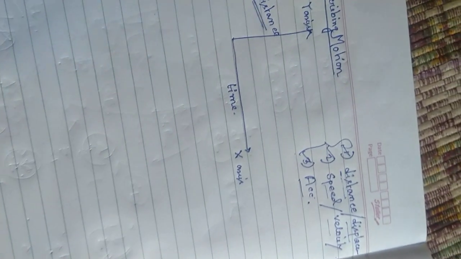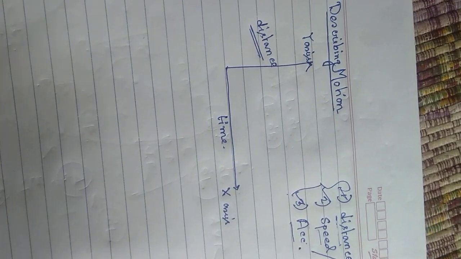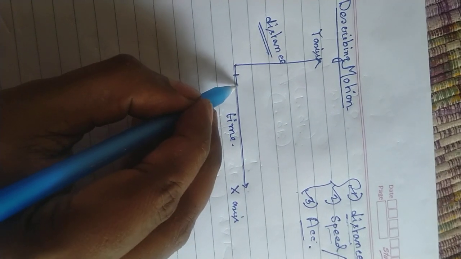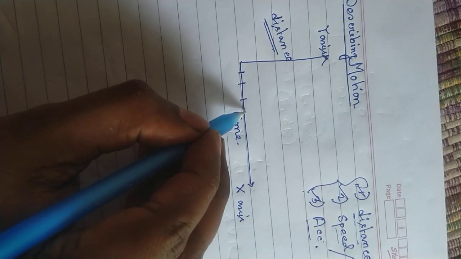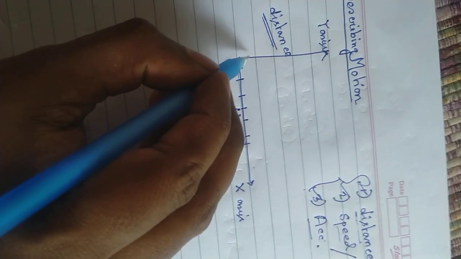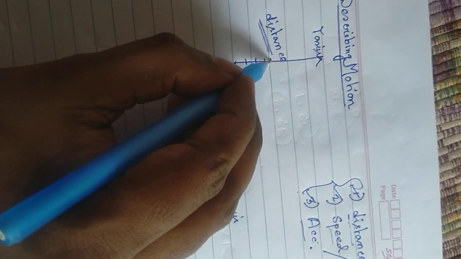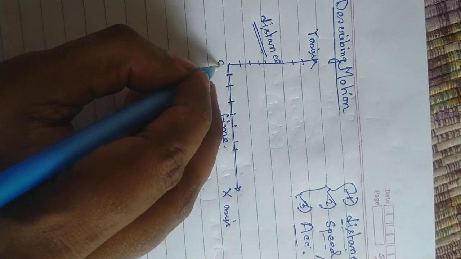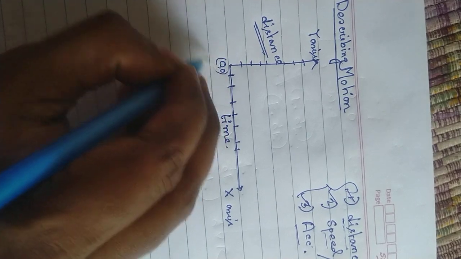This kind of graph is said to be a distance time graph. Mind it, for graph plotting we have to take equal intervals. Suppose those are equispaced, just like graph paper, along the y-axis. This is the starting point, called the 0, 0 point.